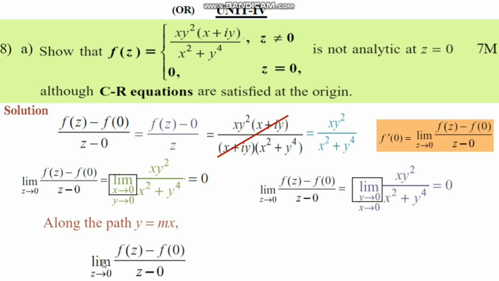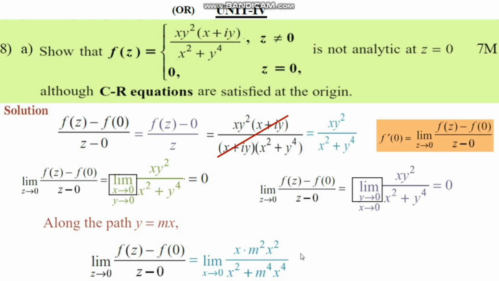Limit as z tends to 0 of (f of z minus f of 0) by (z minus 0). Already we considered the function. Instead of y, we directly replace with mx: y square becomes m square x square, y power 4 becomes m power 4 x power 4.